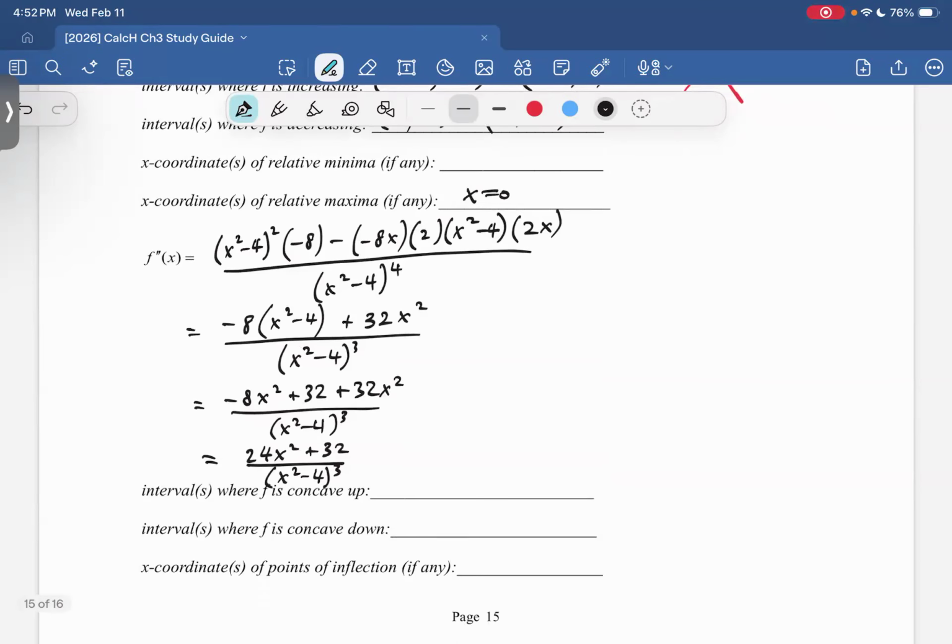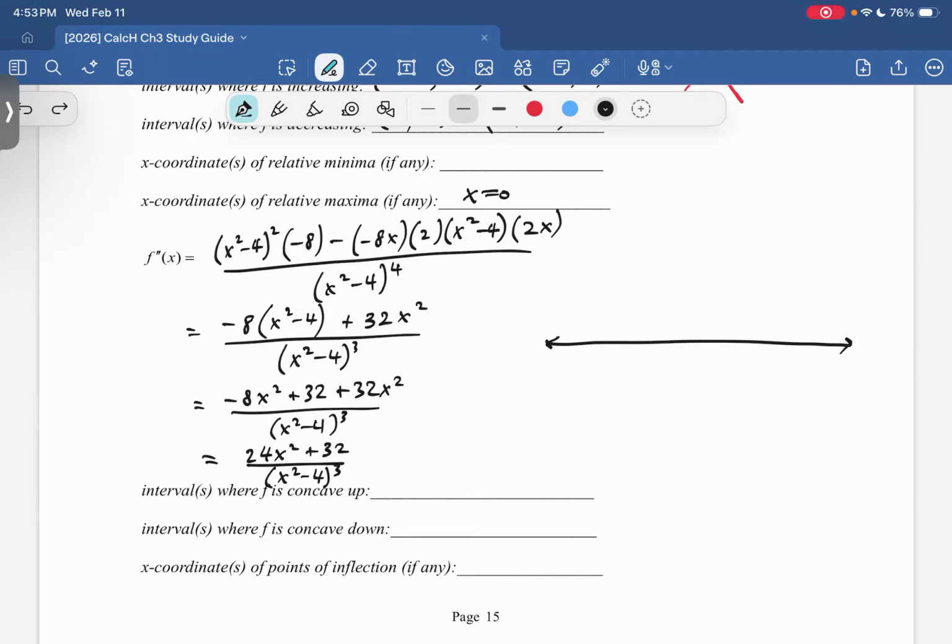Okay, and so that means we have 3 points that we want to use to split up our interval. Is it 3 points or 4 points? Sorry, just 2 points. The reason is because this numerator never equals 0, right? Because if we tried to solve that, we would have x squared equals negative 4/3 or something, which is impossible, right?